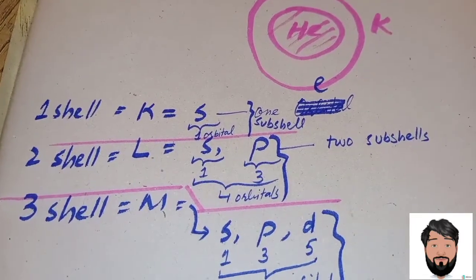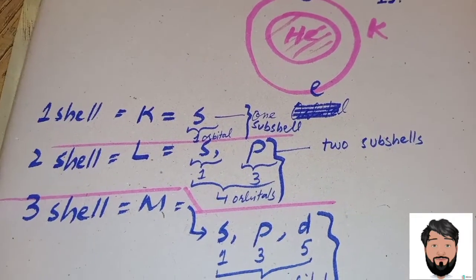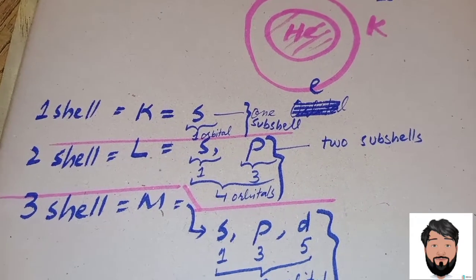So S has one orbital, and it can contain only 2 electrons.